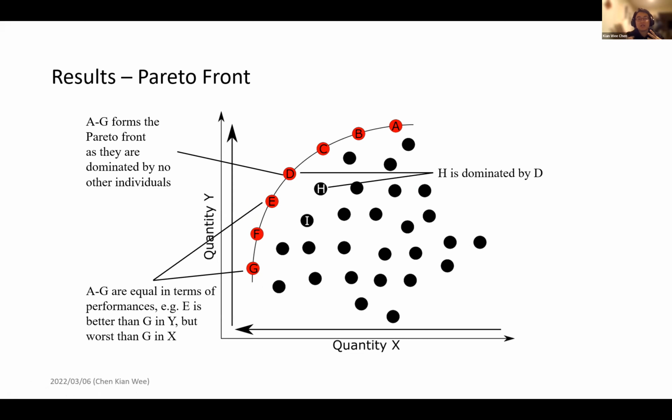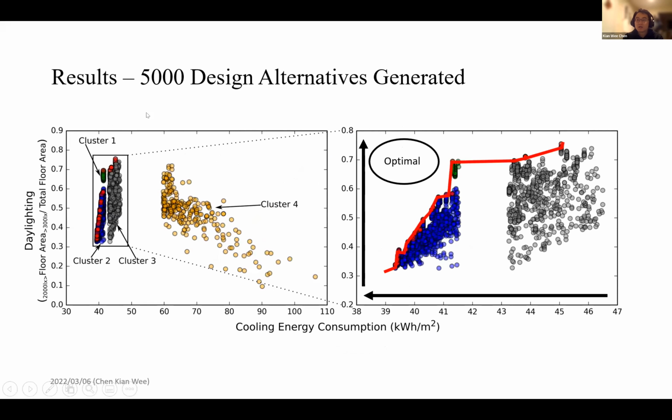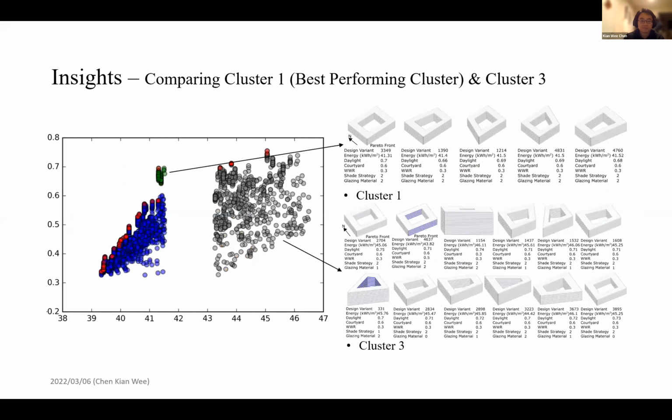You can't say E is better than G or G is better than E. So they're all best performing design variants. Once you generate the designs from the optimization algorithm, the easiest way is just to look at the design variants on the Pareto front, and then you can try to choose from there and develop further.